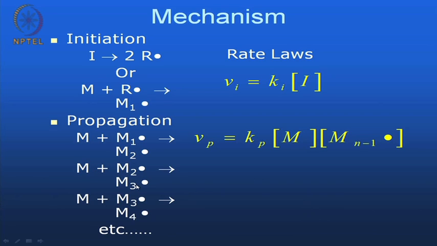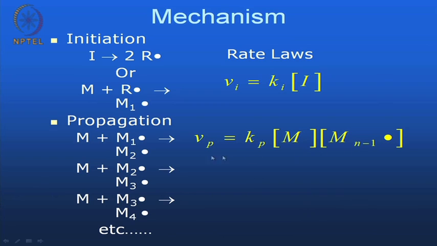Then M plus M2 produces M3, M plus M3 produces M4, and so on. So the rate v P is equal to K P, the rate constant, times the concentrations of the two species involved: one monomer and one n minus 1 mer.